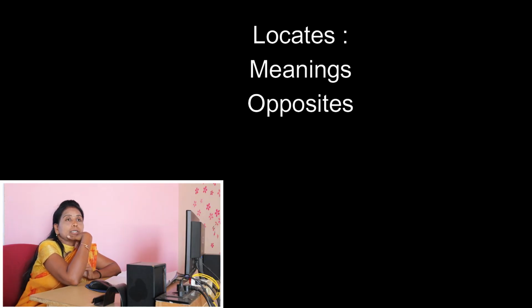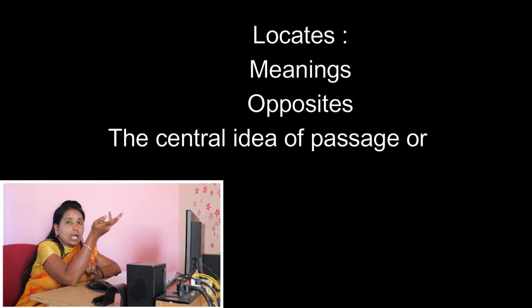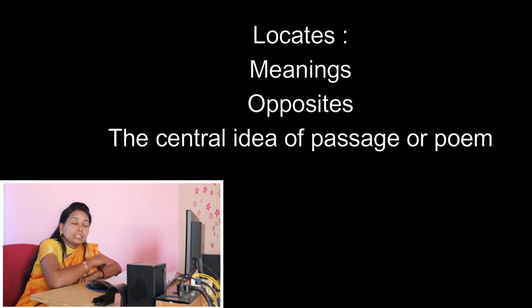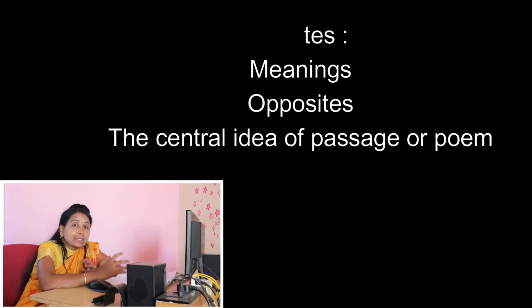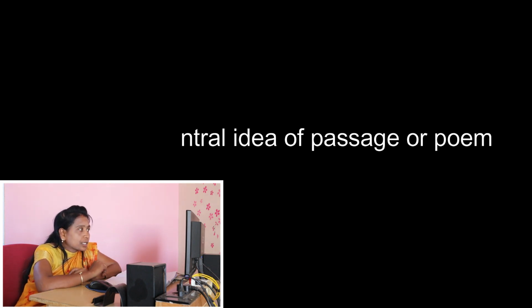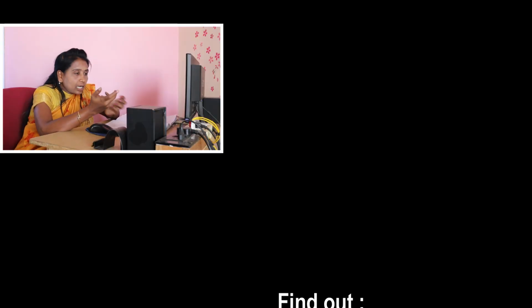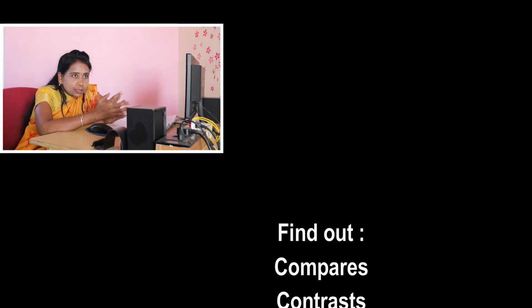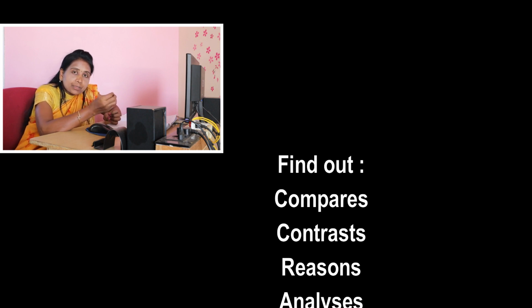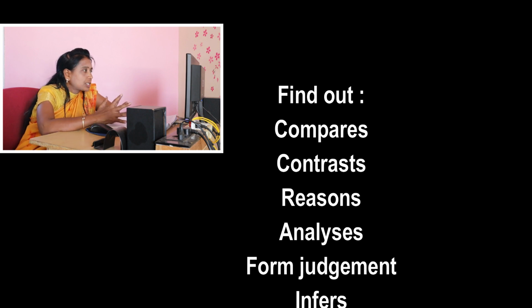Later, locates: meanings, opposites, and the central idea of the poem. These are all specifications under comprehension. And the third one is finding the answers to the questions. This is also one of the specifications in comprehension.